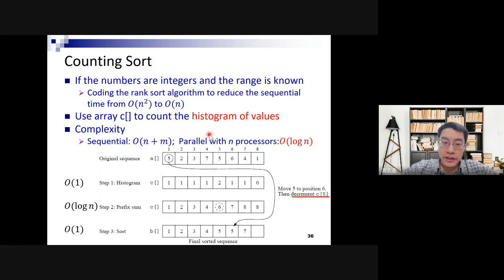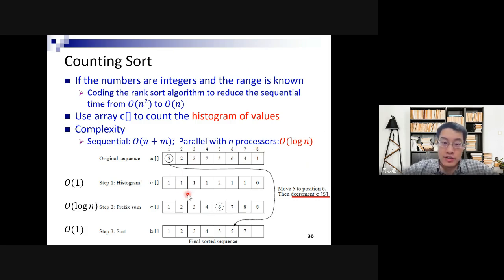All right. And so the last sorting algorithm we want to talk about is the counting sort. The idea of a counting sort is to generate the histogram of your numbers. So histogram, as you probably should know, is given a set of bins, and you try to put those numbers into those bins.